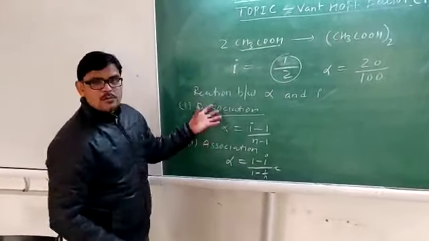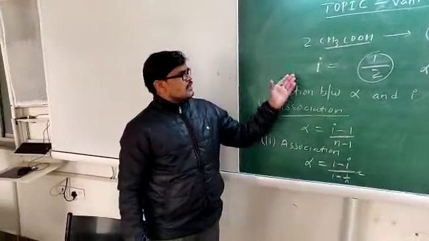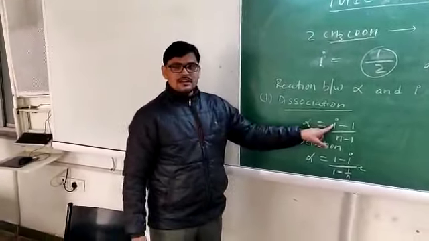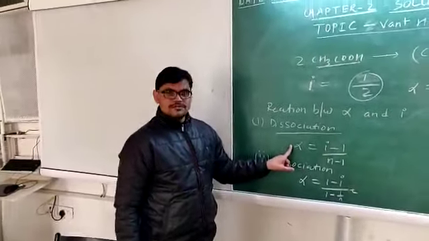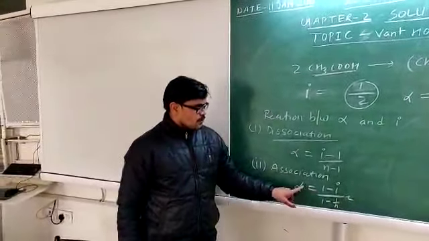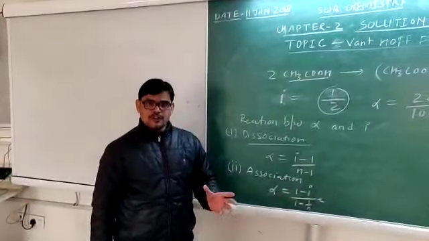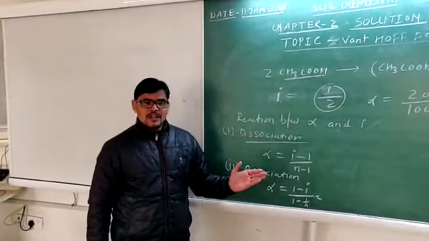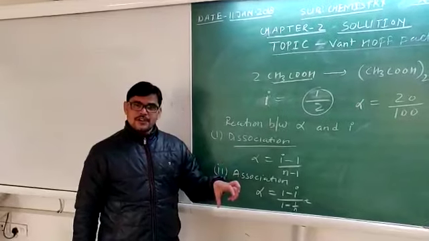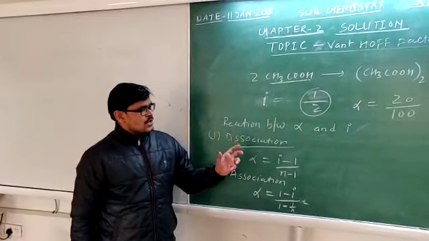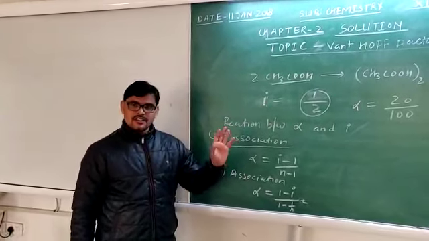So these formulas help to calculate the van't Hoff factor i and the degree of dissociation or association. In this formula alpha is the degree of association and i is the van't Hoff factor. It is very useful for you for the coming board examination. I hope you will understand this topic and do more and more questions on it. Thank you very much.